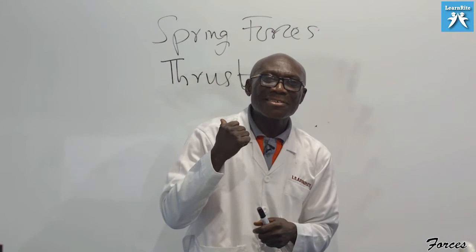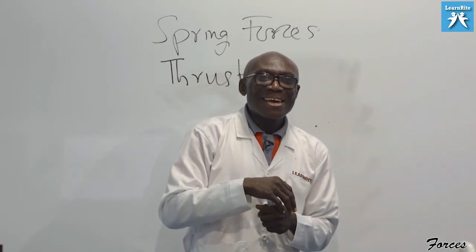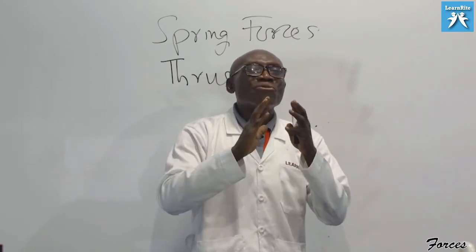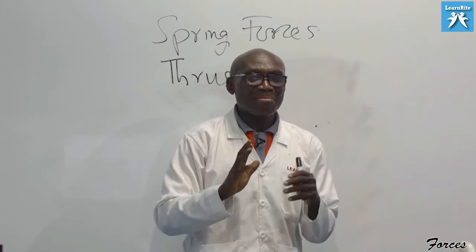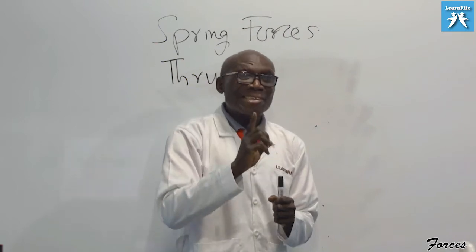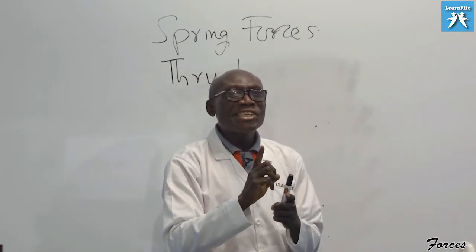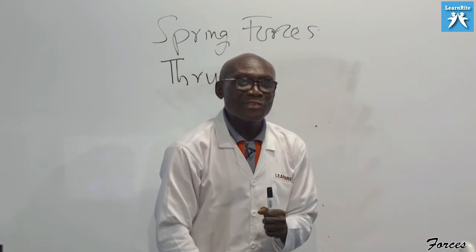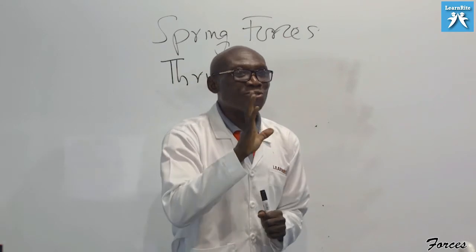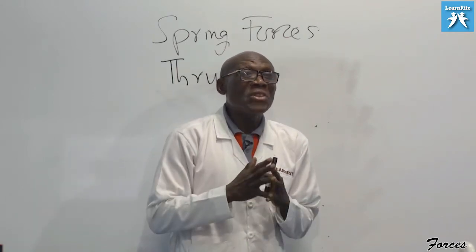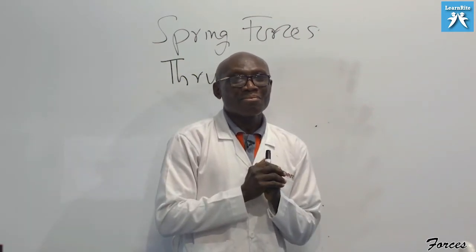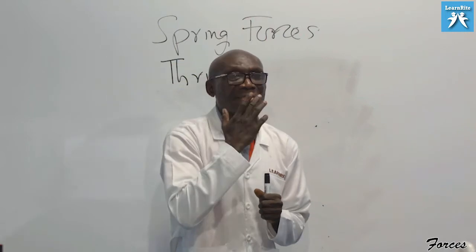Now, what is thrust? If I have a force, and what the force is doing is that it is acting perpendicular to a surface, then we shall call that force a thrust.